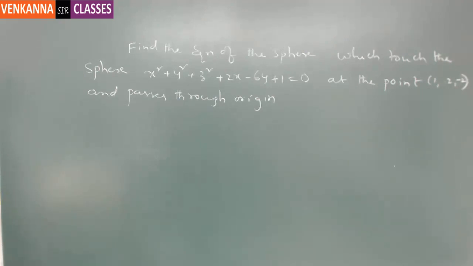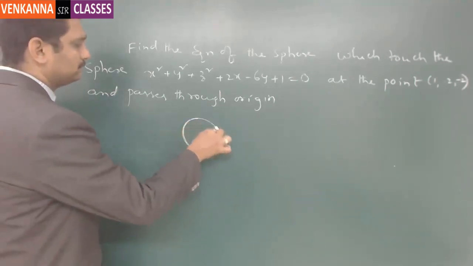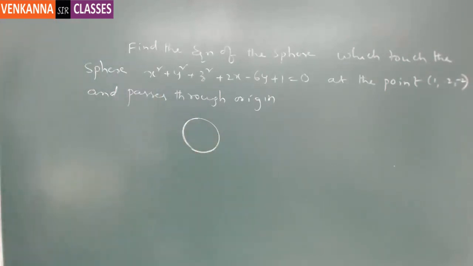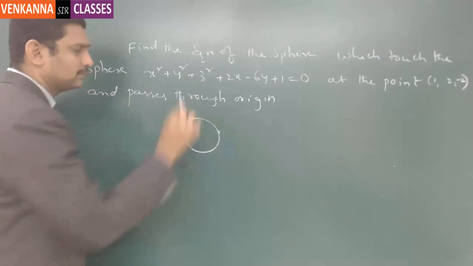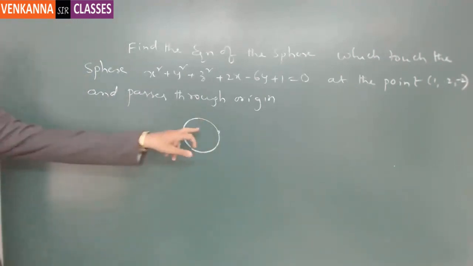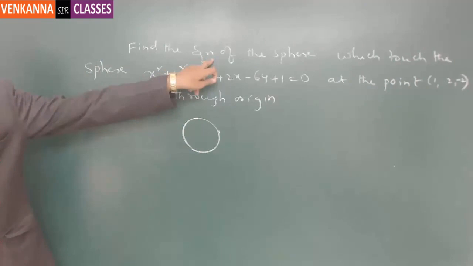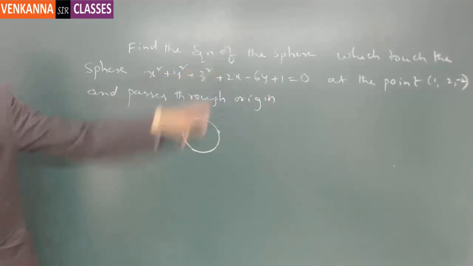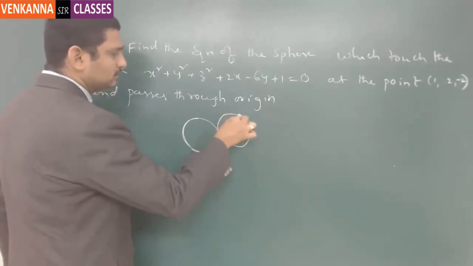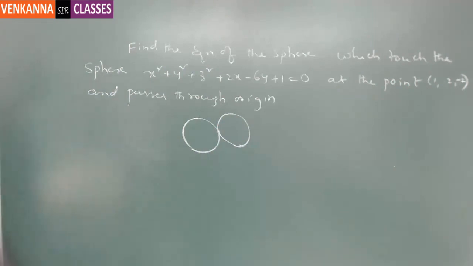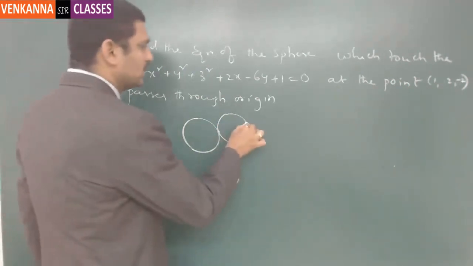If you draw a rough picture of the question, let us take that this is our given sphere, and the point (1, 2, minus 2) lies on the given sphere. So we have to calculate a new sphere equation such that the new sphere touches this at the given point, and also the new sphere passes through origin.